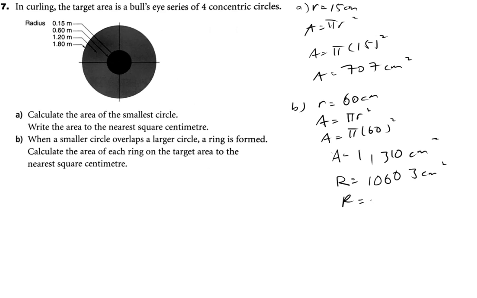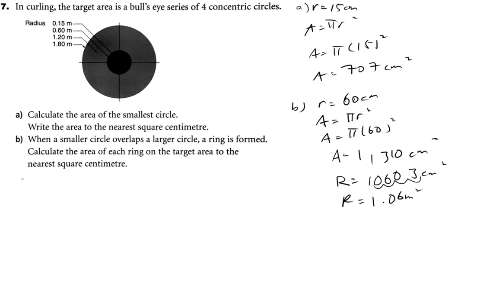And if we want to put this into meters squared, we move the decimal 1, 2, 3, 4. So it's around 1.06 meters squared. That's the area of the 60 centimeter ring.